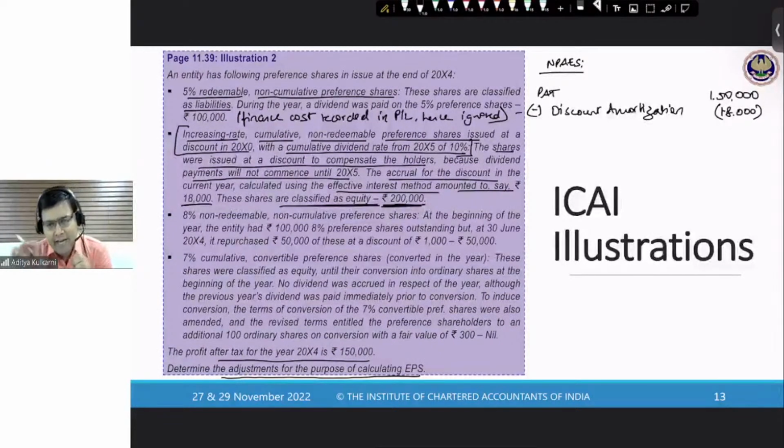See, financial liability has a deep relation with terms like discount rate, effective interest rate, present value, market rate, etc. All these words which you hear are associated with financial liabilities, not with equity.